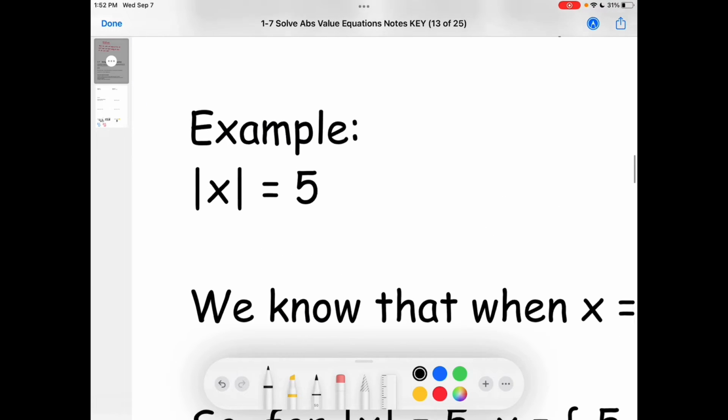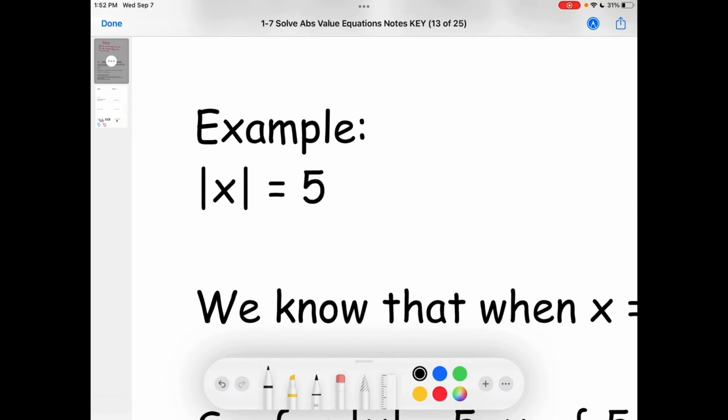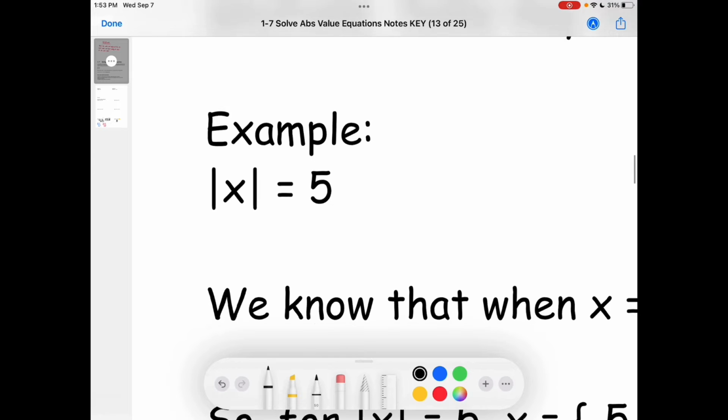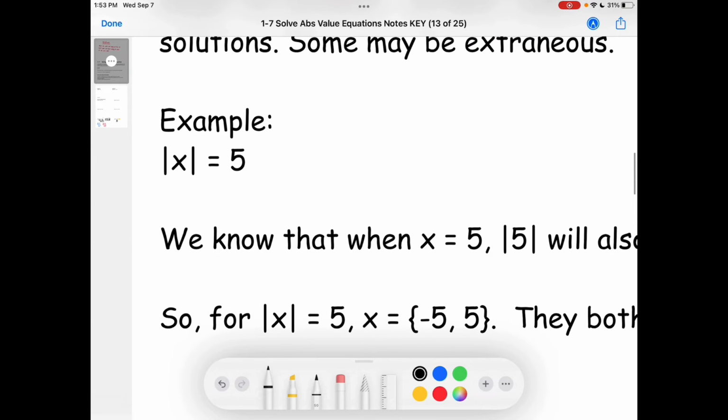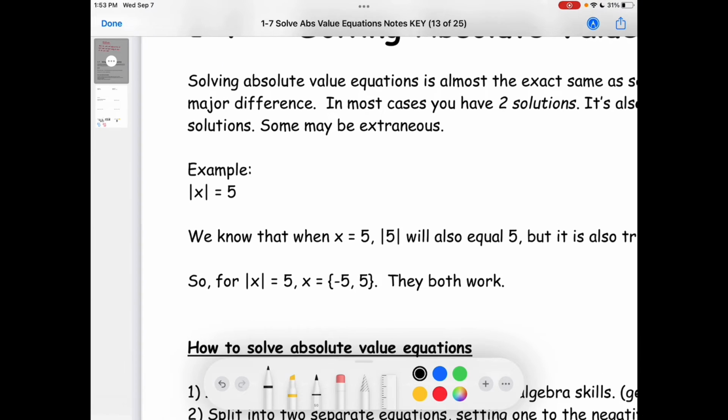This example that's given on the front page of the notes is talking about an equation. This is a very simple absolute value equation, and it's asking you to solve for x if the absolute value of x is equal to 5. Well, we already know that if x equals 5, then that would work. The absolute value of 5 is 5.